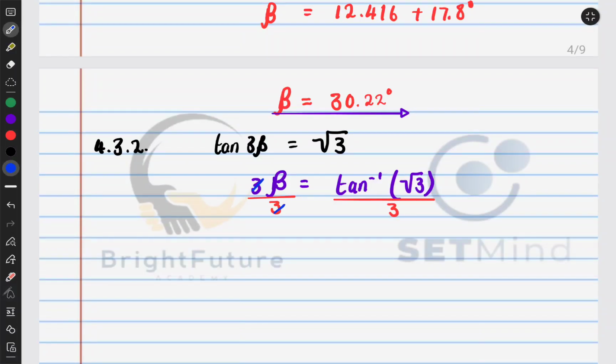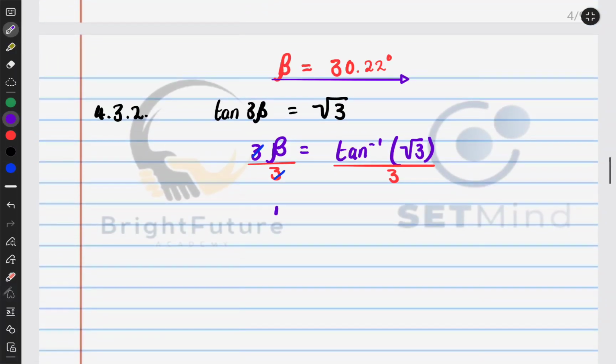This 3 will cancel this one, and beta will be equal to, we put this in the calculator, tan inverse of root 3 over 3, which is 20 degrees. Beta is 20 degrees in this equation.